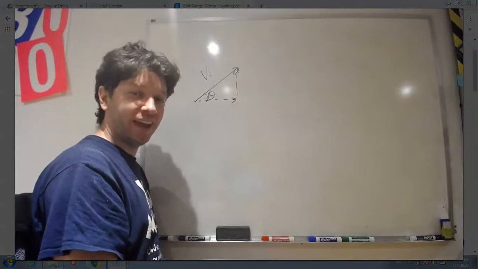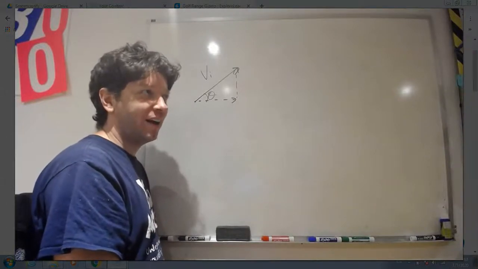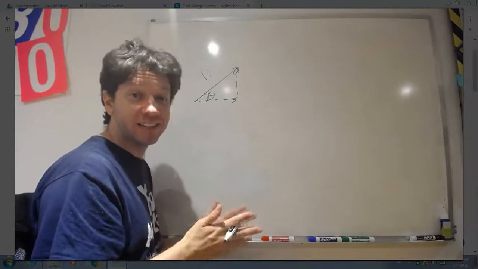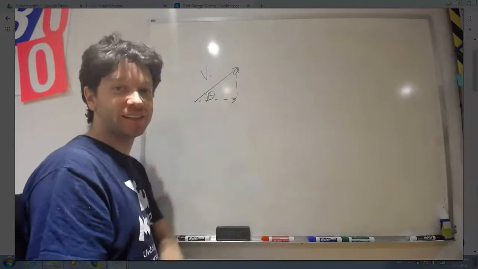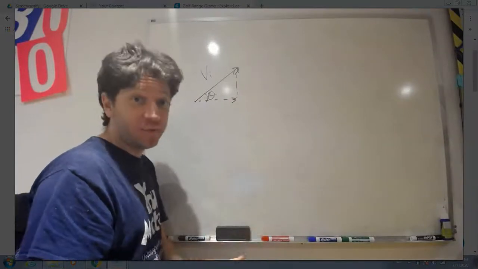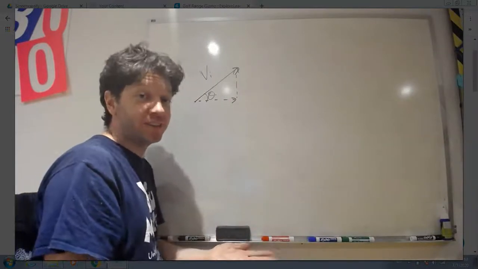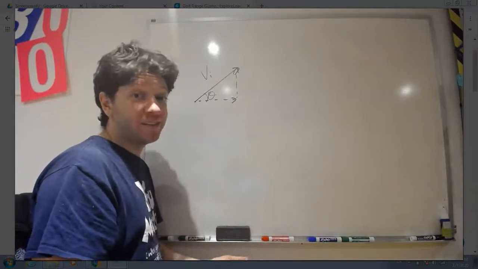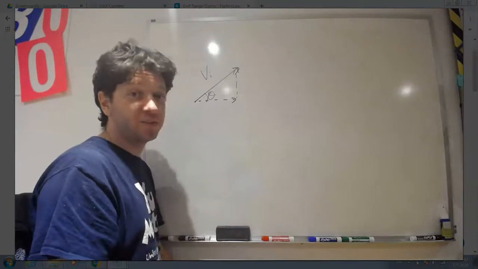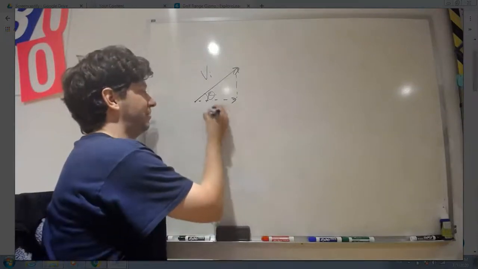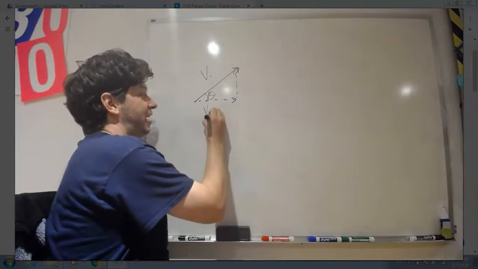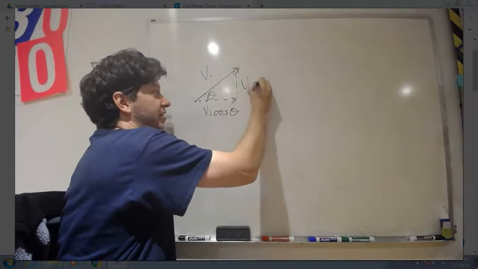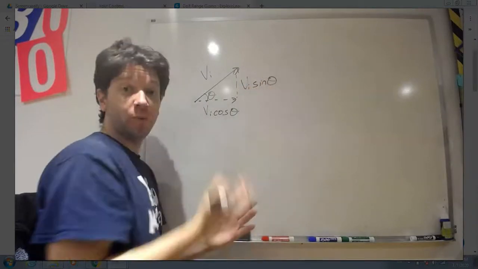And in this case, you can't find the components, so I see a lot of students get stuck and they stop. Why did they stop? Because they can't get a number for these sides. Don't worry about getting numbers. You can still solve for the sides without the numbers. You can just find an expression for them. Right? Letters are more important than numbers. They tell you so much more. So let's write them. So Vx is actually Vi cos theta. And Vy is actually Vi sin theta. There you go. We solved for the components.